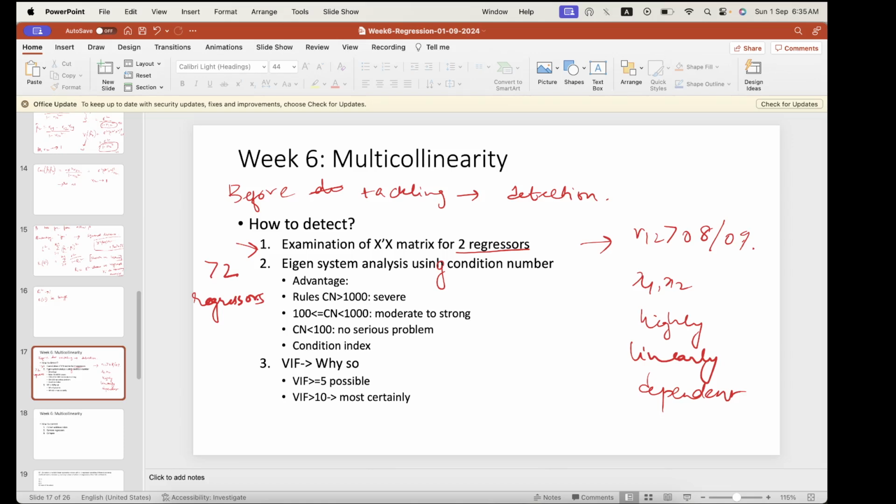Now how do we get the condition number? We take the X prime X matrix, or rather X star prime X star, the mean centered and standardized matrix, and then we find the eigenvalues of this matrix.